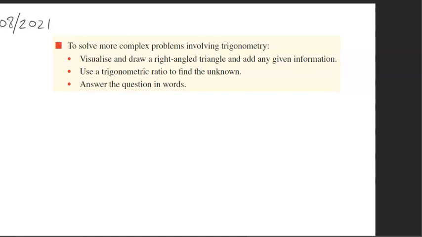The best way to solve these type of problems is to visualize and draw a right angled triangle and add any given information that has been provided to you within the question. You're going to use a trigonometric ratio to find what it is that you're looking for, whether that be a length or an angle, or sometimes you can look for more than one length. Maybe you can look for two lengths, but you will always be using one of the trigonometric identities or ratios, or the inverse, in order to solve for the unknown.